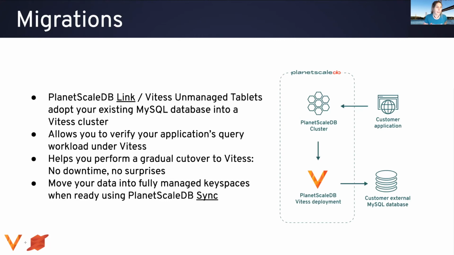We call it unmanaged tablets. You can look that up in the documentation to understand the specifics of how it works. But we expose that functionality in PlanetScale DB with something we recently came out with called PlanetScale DB Link.